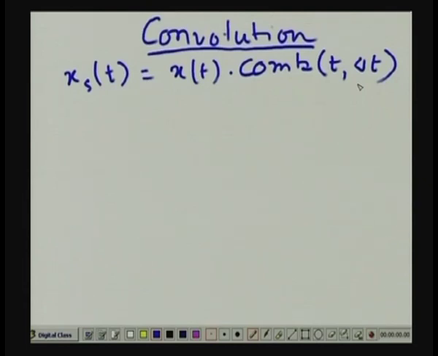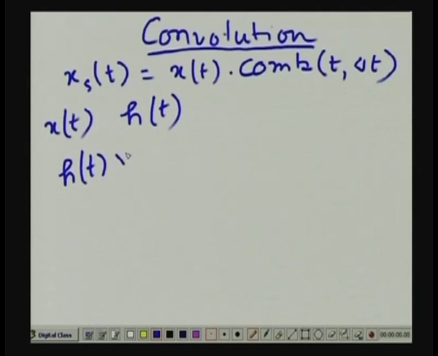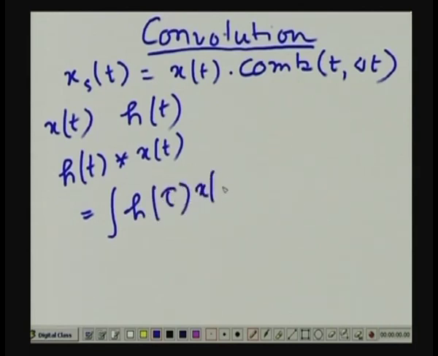Or let us put it like this, I have two signals, x t, and I have another signal, say h t. Both these signals are in the time domain. We define an operation called convolution, which is defined as h t convolution with x t. This convolution operation is represented as the integral of h of tau x of t minus tau d tau.